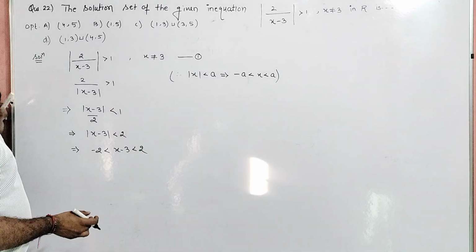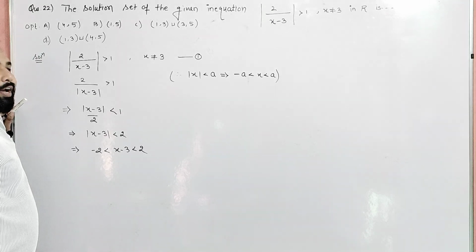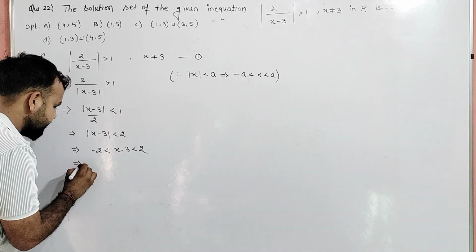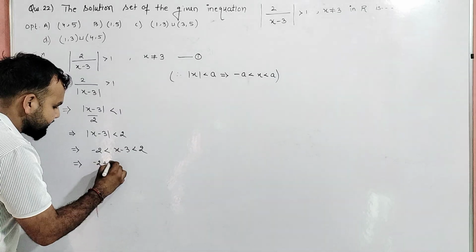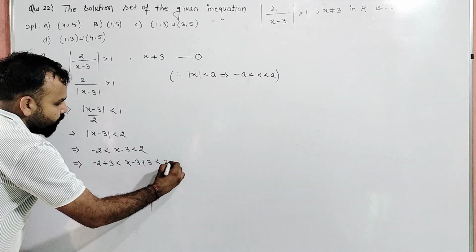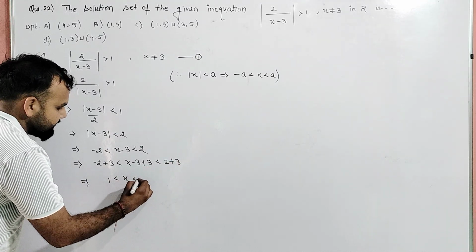And we need to find the solution, that means the value of x in R. So add 3 throughout in this inequality, so we get minus 2 plus 3 less than x minus 3 plus 3 less than 2 plus 3. So we got 1 is less than x is less than 5.